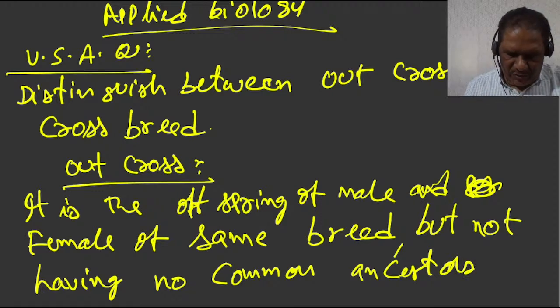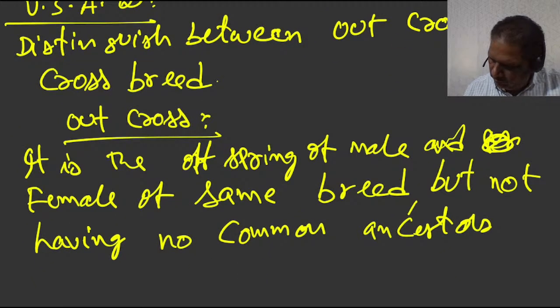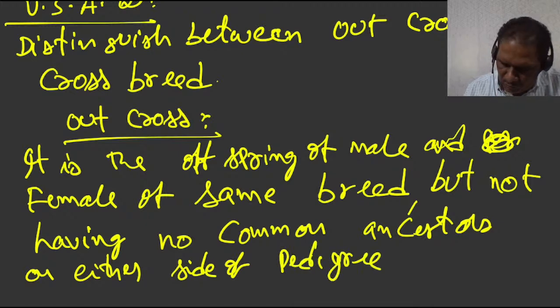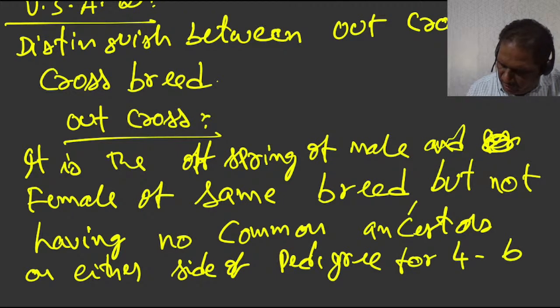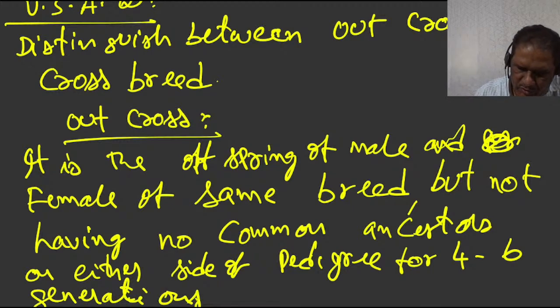No common ancestors on either side of the pedigree for 4 to 6 generations.